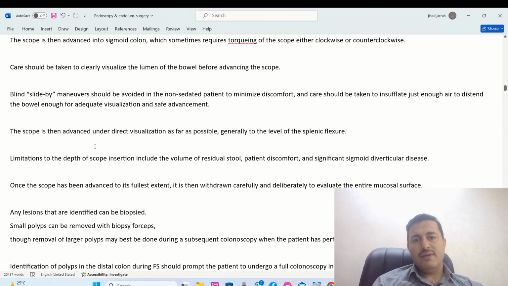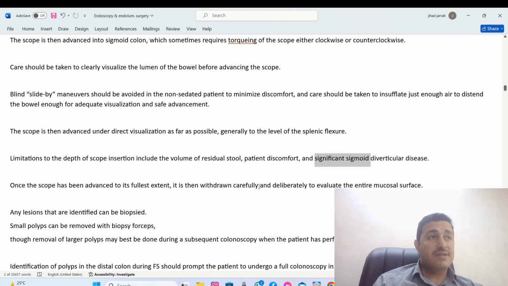Of the limitation that can limit our examination is the presence of stool, patient discomfort, and significant sigmoid diverticular disease. Even some diverticuli can be similar to the true lumen of the bowel, so you have to be careful, go one step forward and even two steps backward until you're sure that this is not a diverticuli, and perforation can occur.